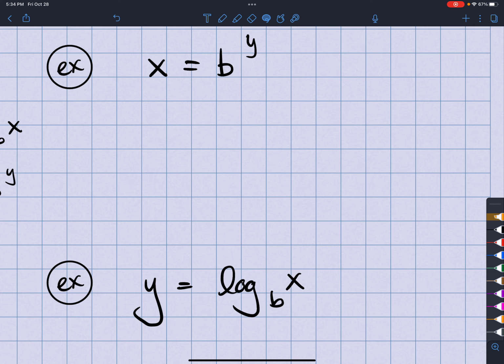So now I'm going to have, and this is going to be plus 3 times 2. So I'm now going to have log base 2 of 7 plus 6.